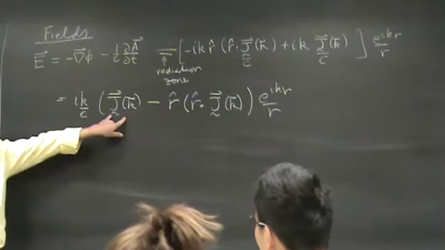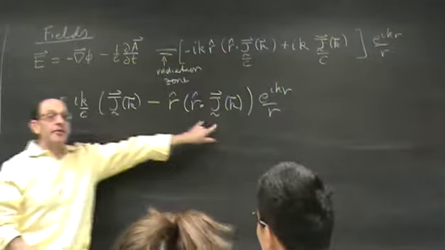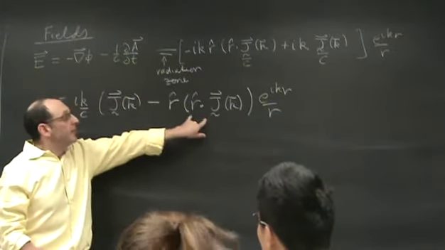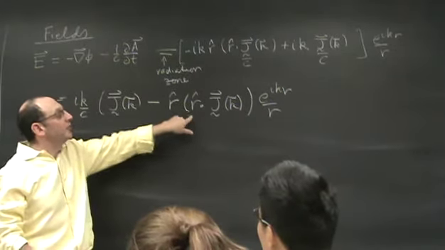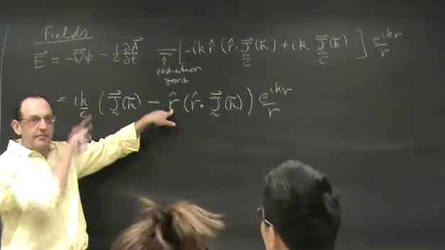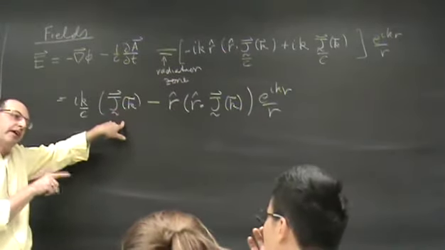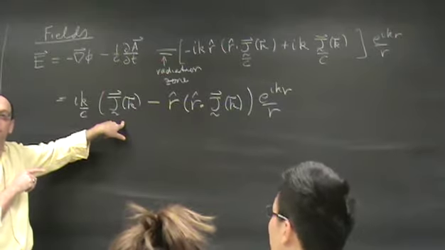This part came from the vector potential. This part came from the scalar potential. The scalar potential just subtracts off the longitudinal part, the part that's along the direction of propagation, so that the fields of radiation are transverse.